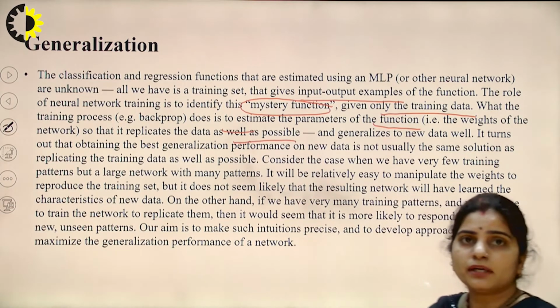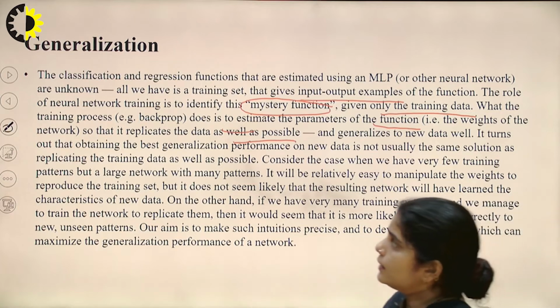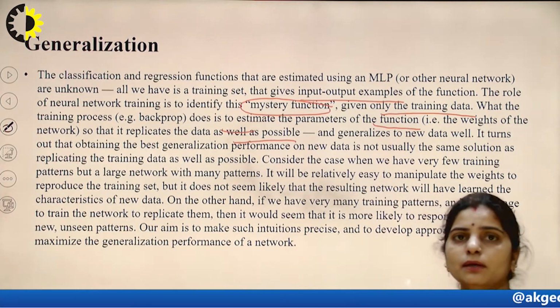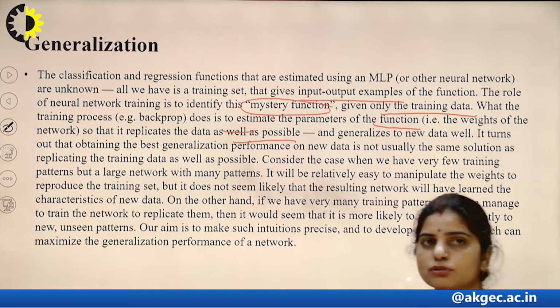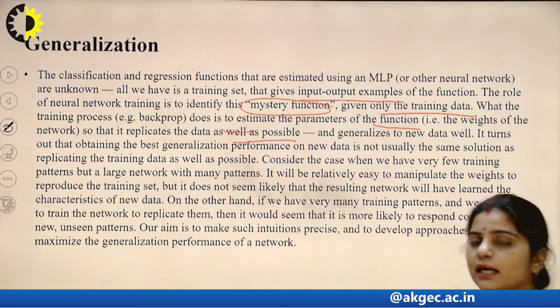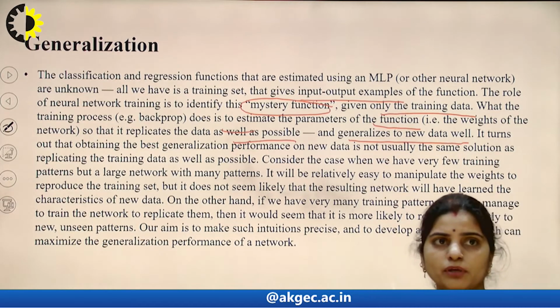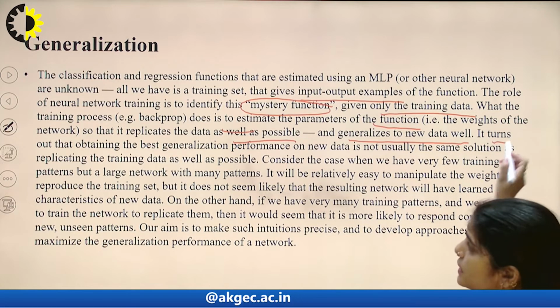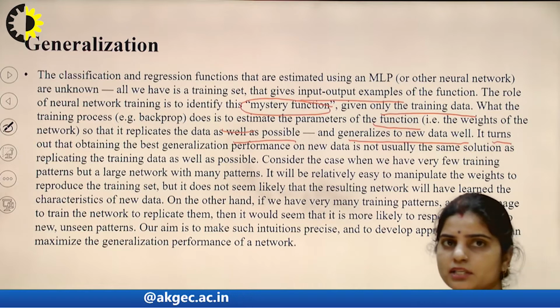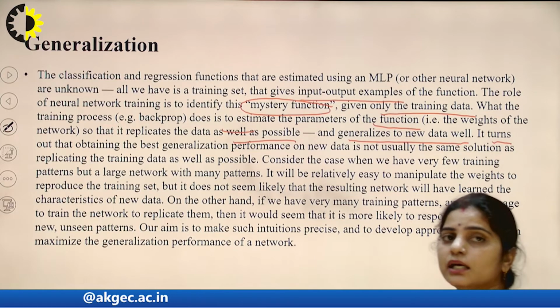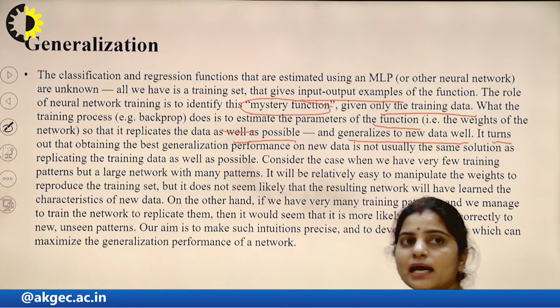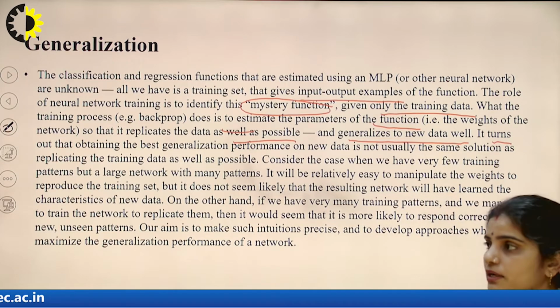Why does it replicate the data as well as possible? Because after replicating the data, it should be able to generalize to new data. It turns out that obtaining the best generalization performance on new data is not usually the same solution as replicating the training data set as well as possible.